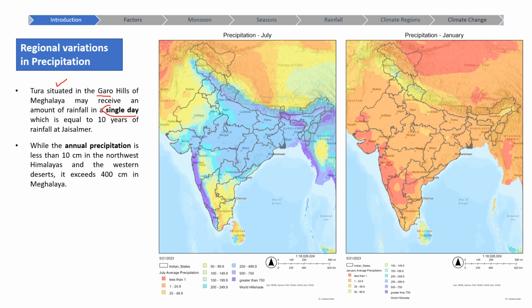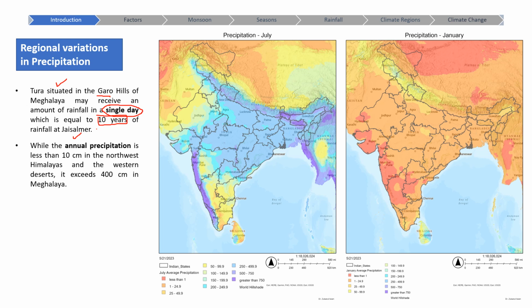A single day rainfall may be equal to the rainfall of 10 years in Jaisalmer. So this is the difference.